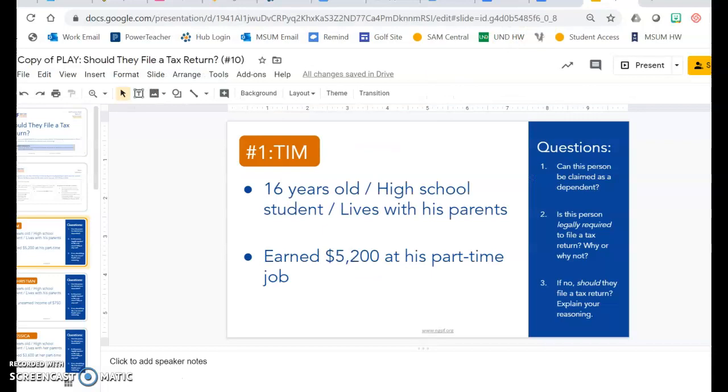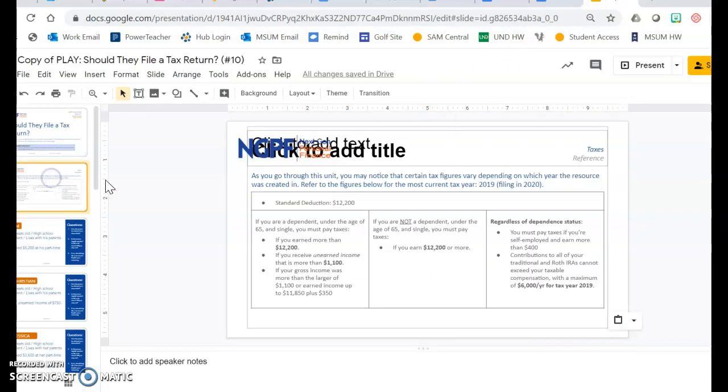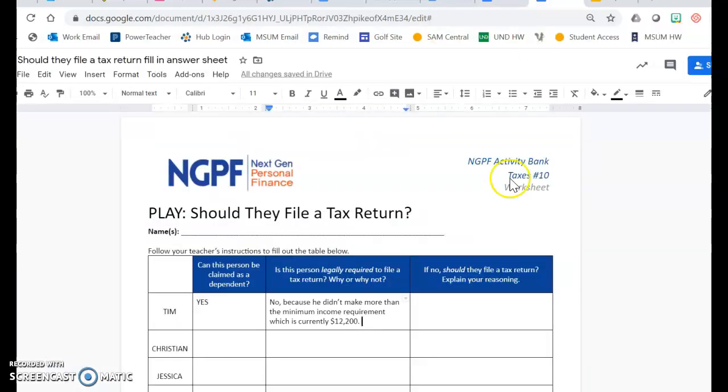That just comes right from our first slide here. He's a dependent, so I'd look at this category. He has to pay taxes if he earned more than $12,200, which he clearly did not. So that's why we say no.